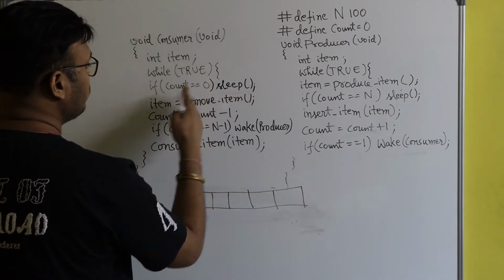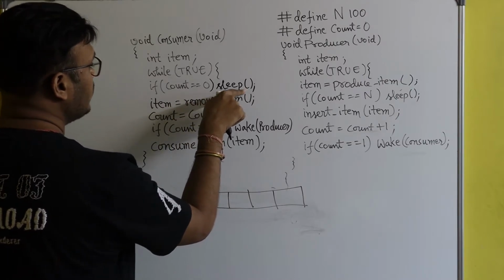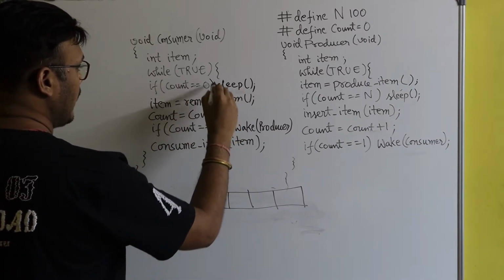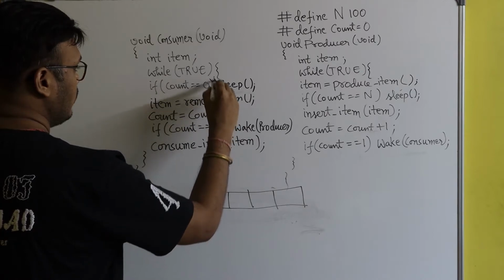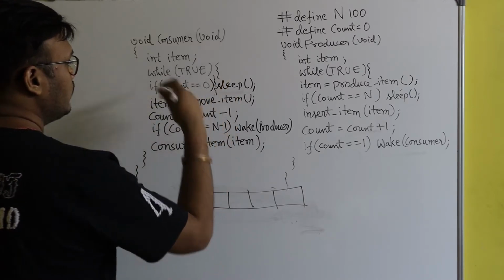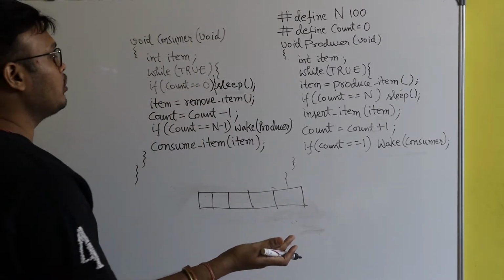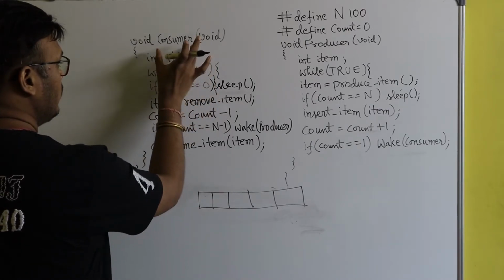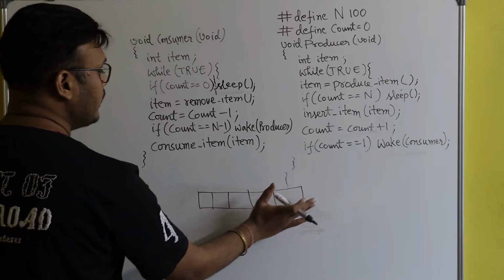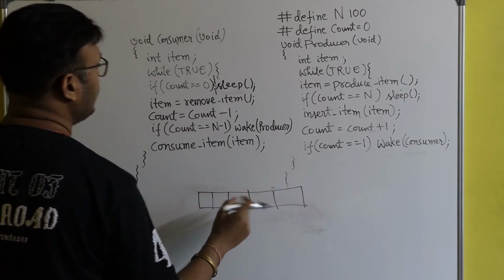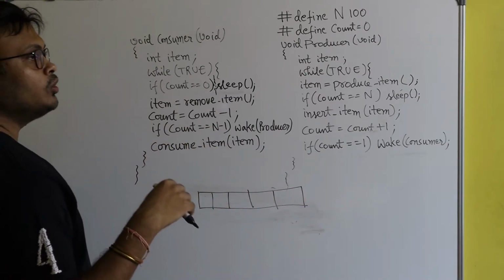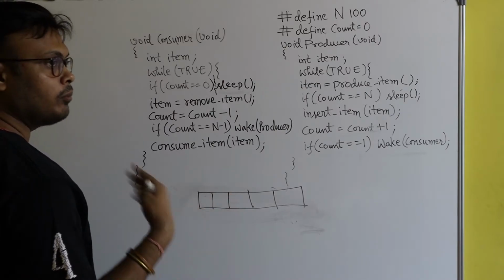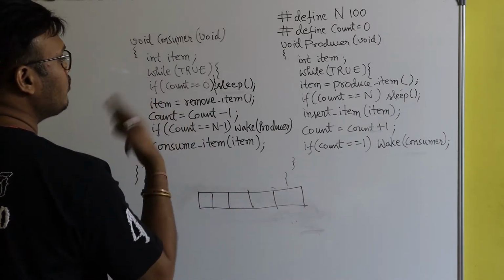So just before executing this sleep system call, here at this point, the context switching happened. Suppose I tell you once again, when the count was 0, I mean the buffer was empty. So the consumer came to know that the buffer is empty. So the consumer wants to sleep.